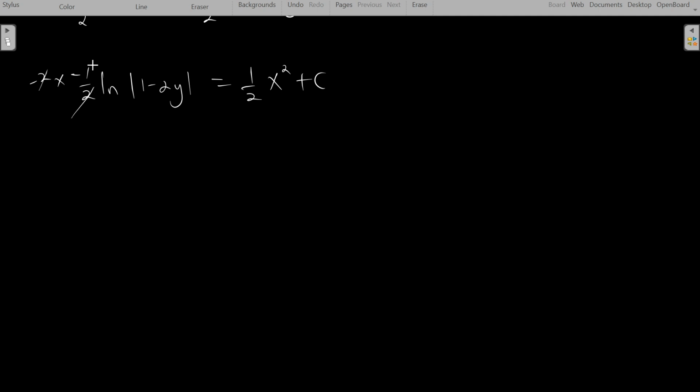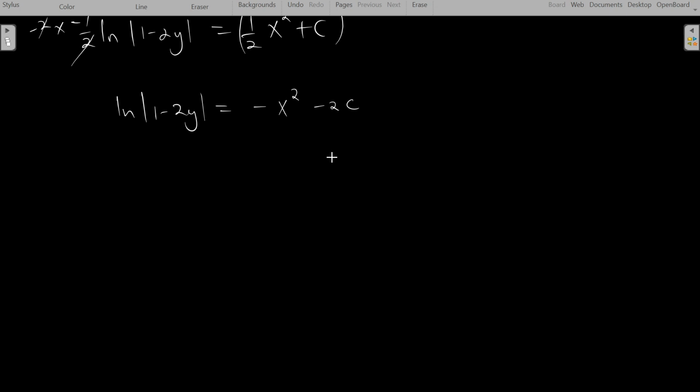These cancel, and I'll remain with ln of 1 minus 2y should give me negative x squared minus 2c.